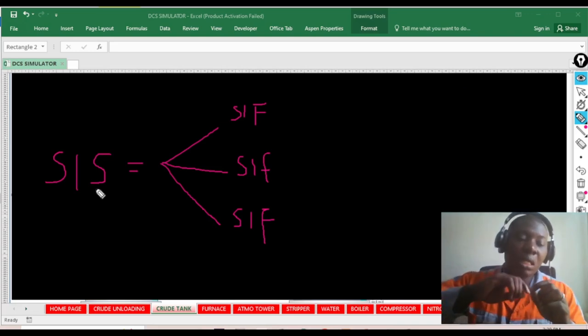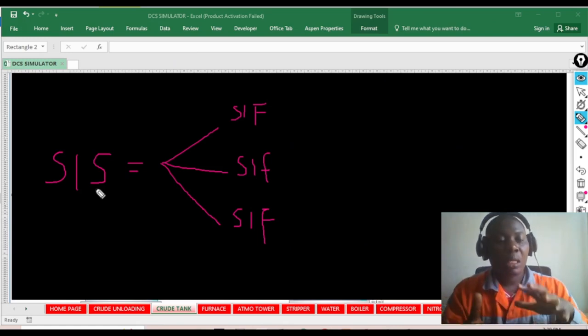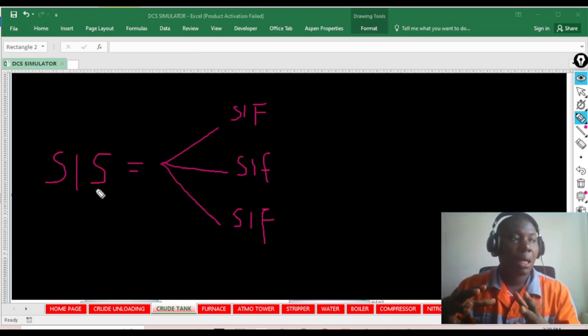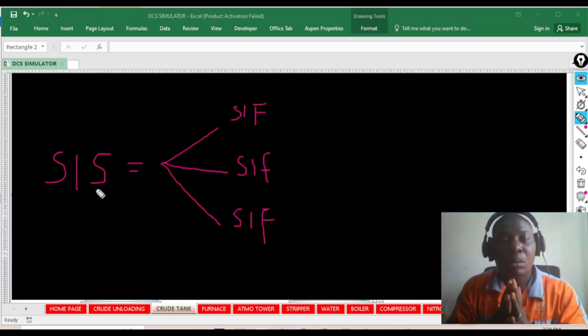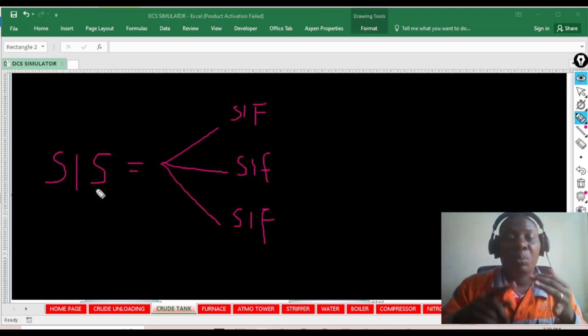Now the SIS is part of what we call layers of protection. In a plant, there are various layers of protection that are built to protect the plant. One of them is the BPCS, the basic process control system.